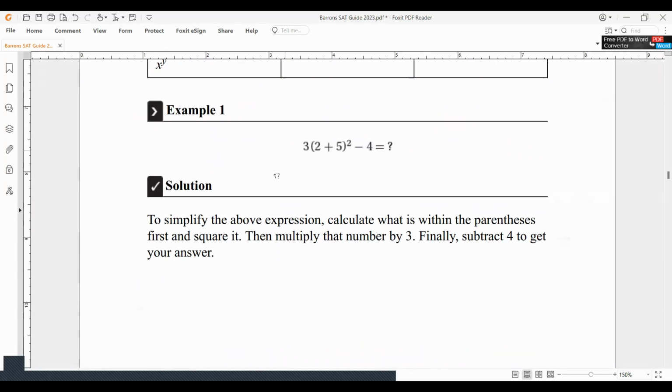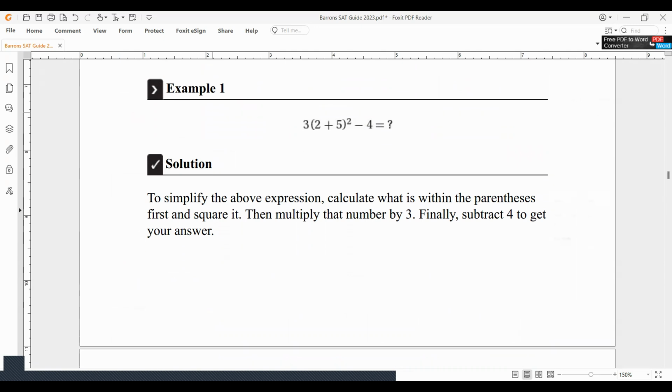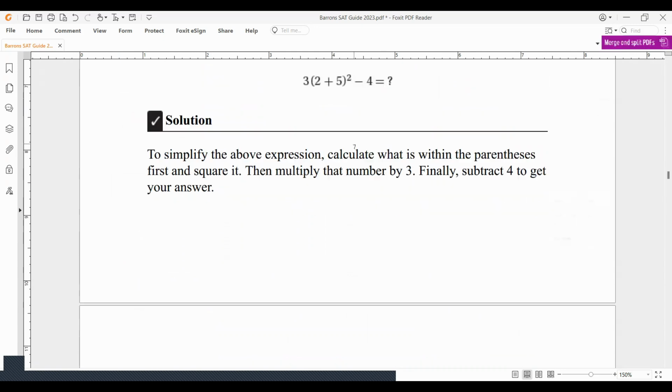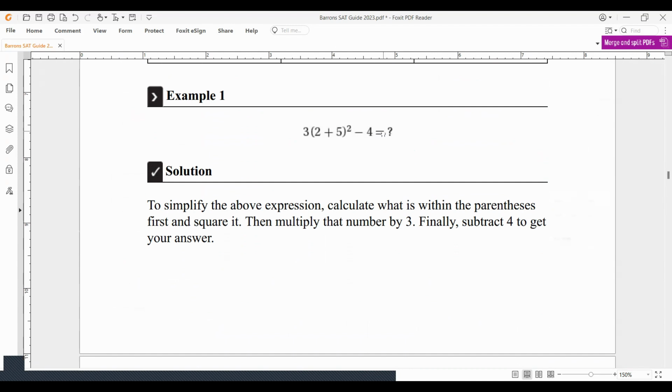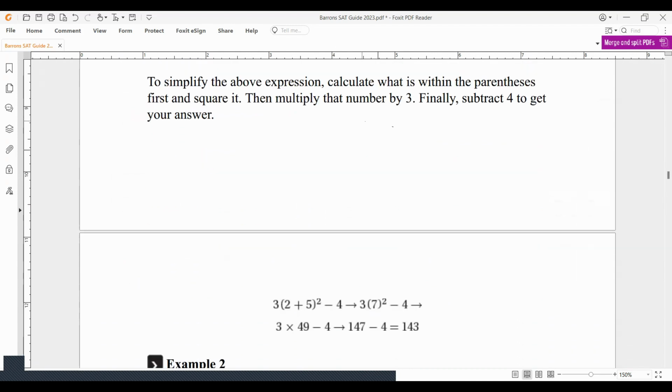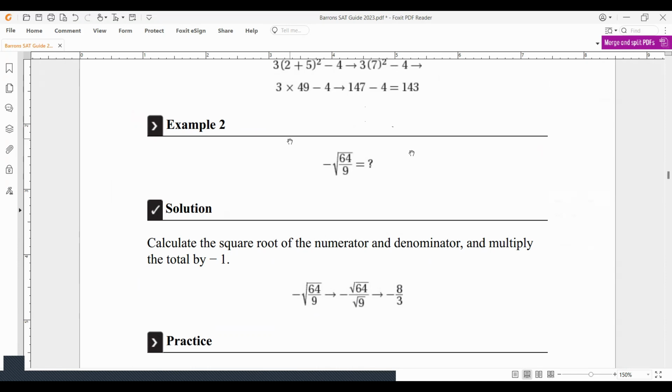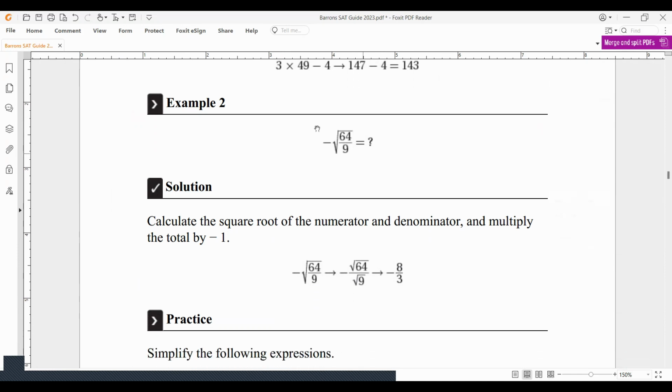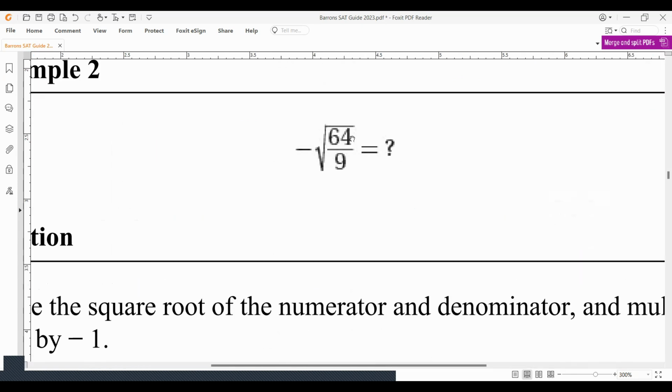I really don't want to talk much about it. You just need to do some examples and some practice. I will tell that later, but how do you do this? The very first thing that you need to do is divide 64 by 9.